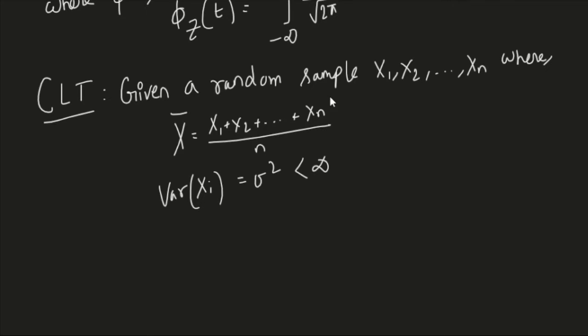So when you have the mean and the variance of each of them, they come from the same distribution, which are IID. Of course, I want to write IID here, and this sample mean is mu. So basically E of xi is mu.